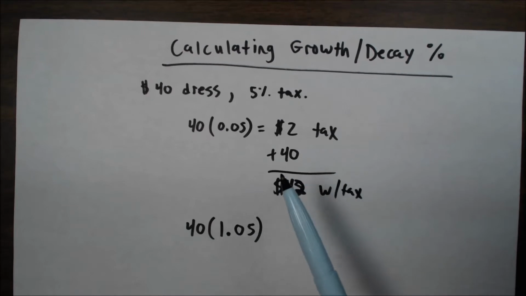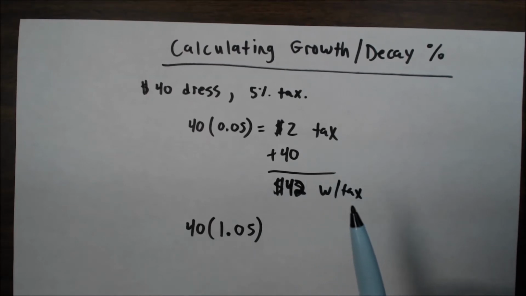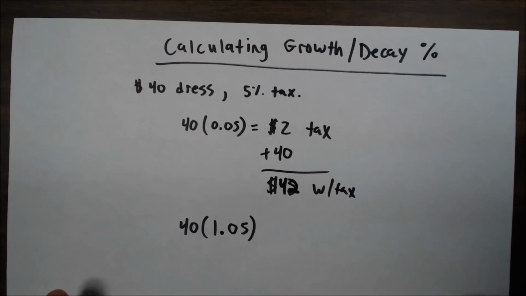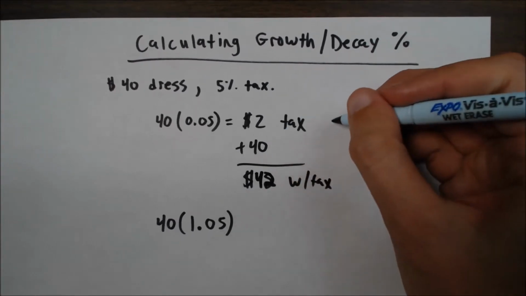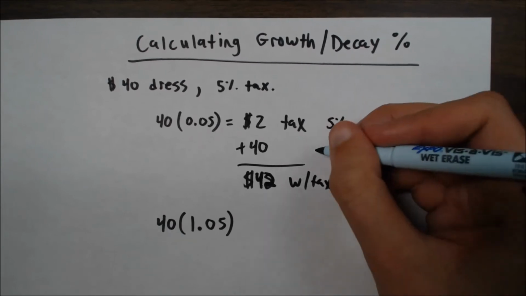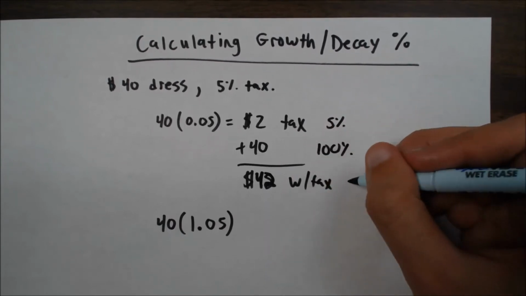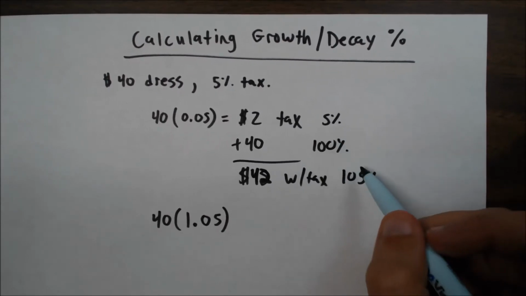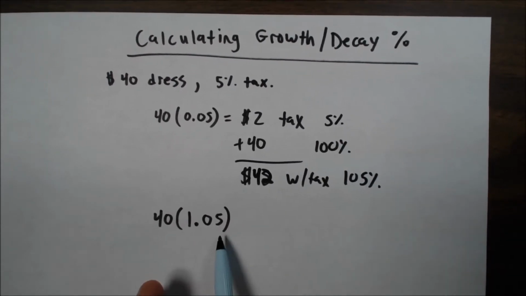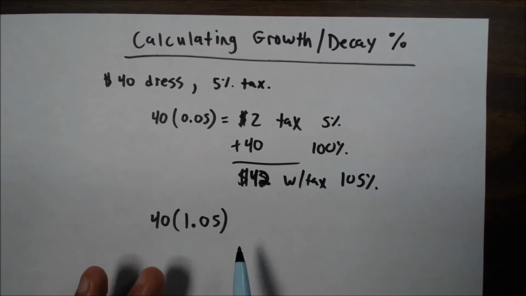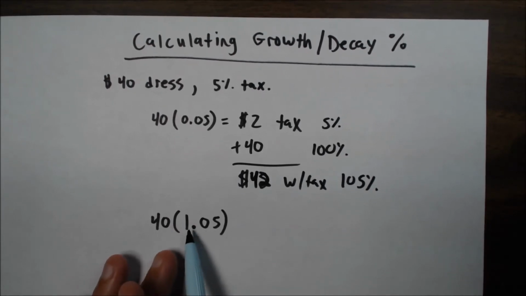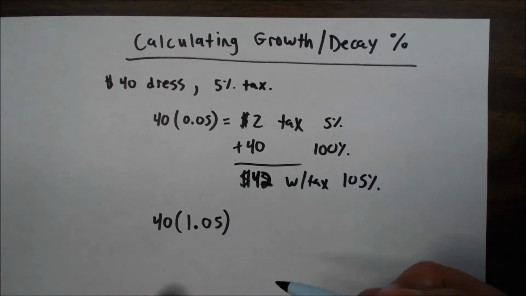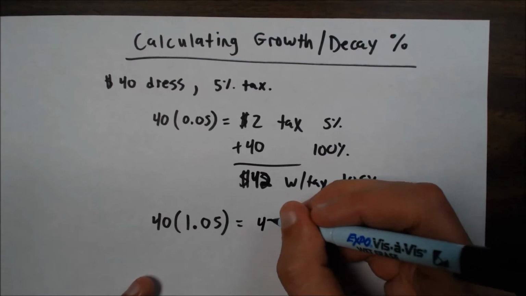So when we say we have a 5% tax, that means we're going to pay 100% of the cost of the dress plus another 5%. That's essentially what you did here. This was 5% of the cost, and this was 100% of the cost, for a total of 105% of the cost. Well, rather than calculating them individually and adding them, you can simply add the percentage. If I want to know the cost plus tax, I can just multiply the cost of the dress by 1 plus 0.05, which is the tax. And by doing that, I get $42.